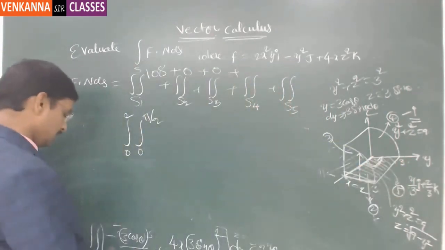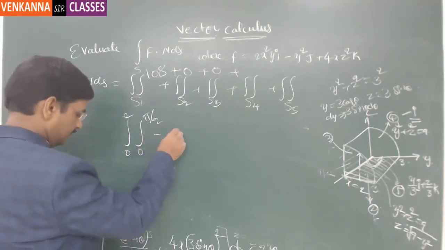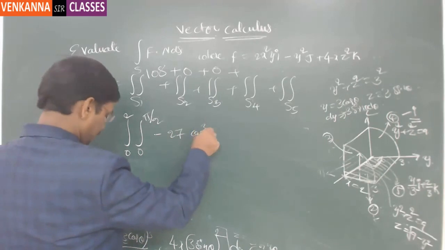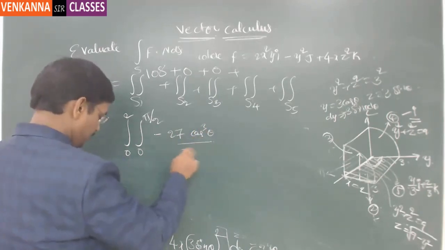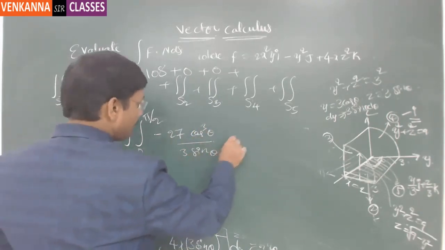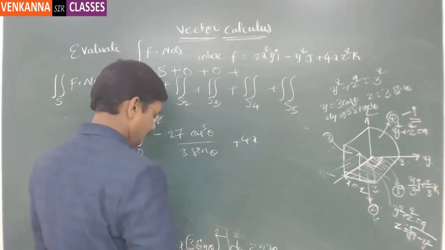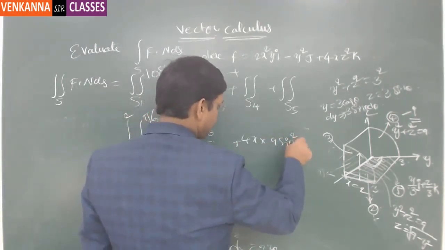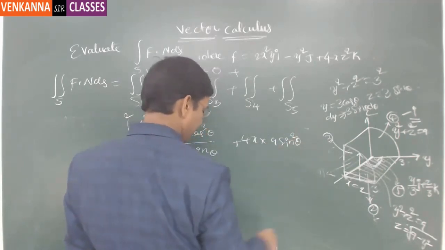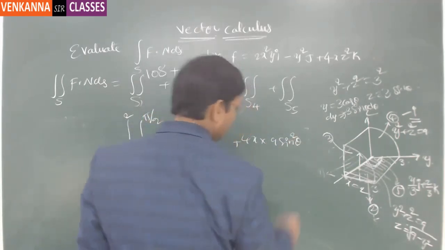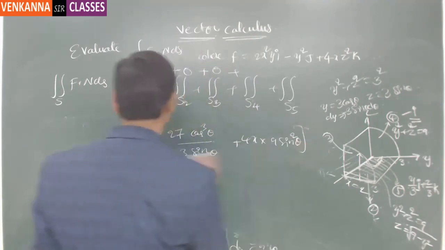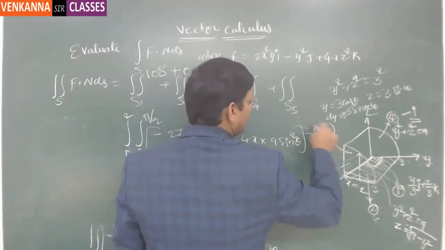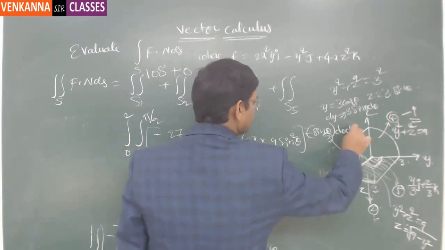Now you can identify this. This is minus 27 cos cube theta divided by 3 sin theta plus 4x into 9 sin square theta, and then minus sin theta into d theta into dx.